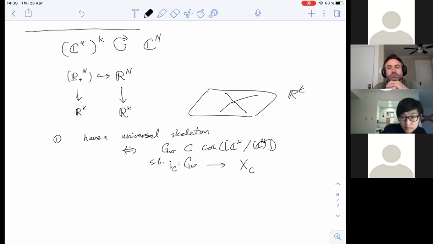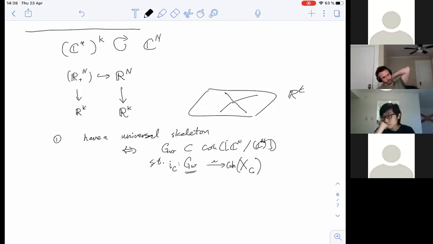So C denotes the chamber. Such that you had an equivalence from the window subcategory. But this may not exist.